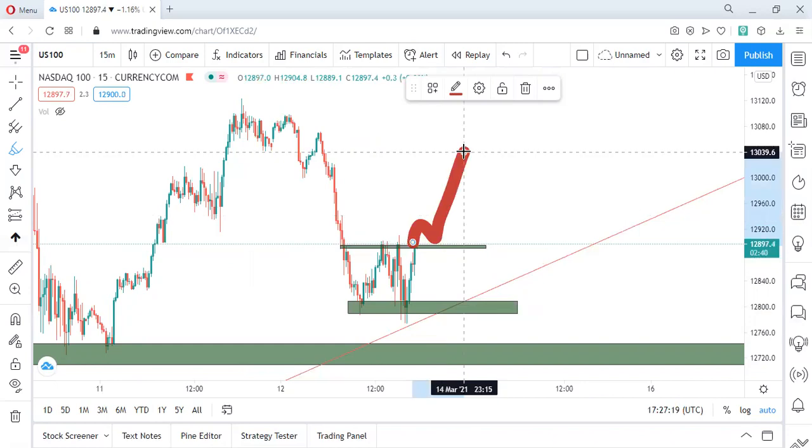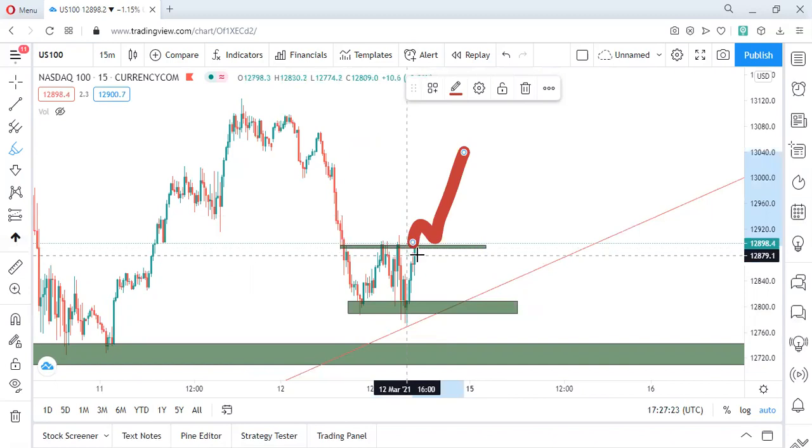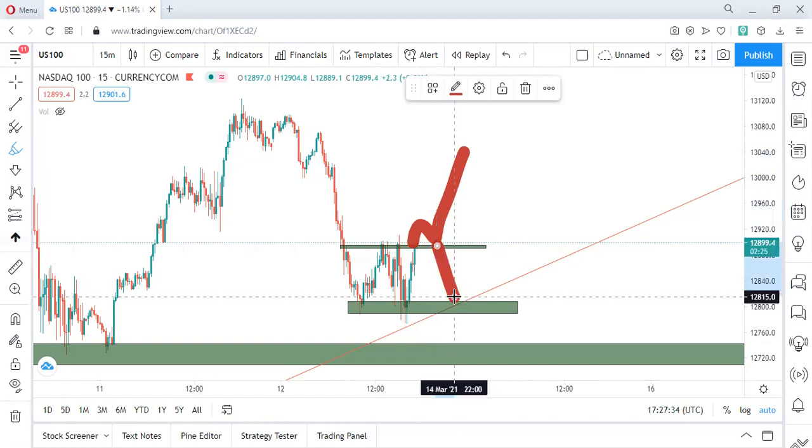So wait for confirmation on our resistance, which is turned into support. Wait for confirmation, guys. Don't just buy because the market came to here, because anything is possible in the market. The market can go against you, right? So watch out, guys.